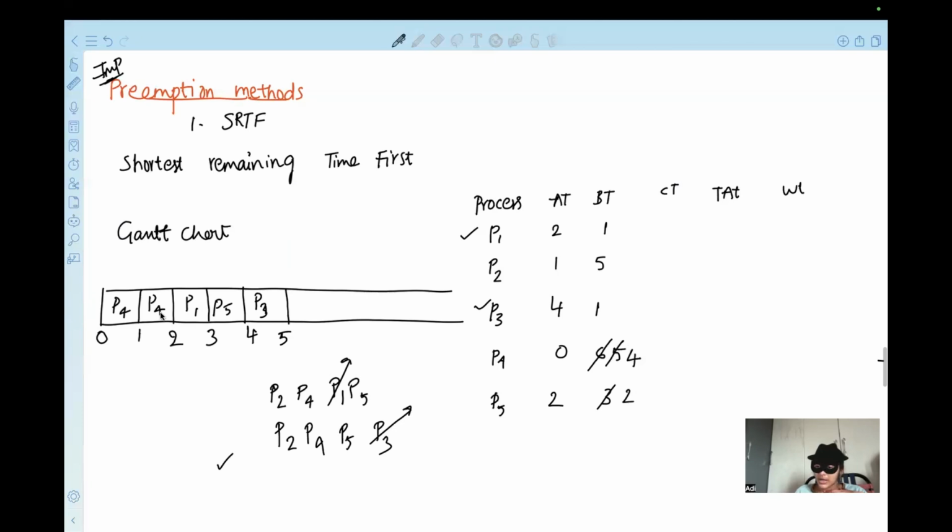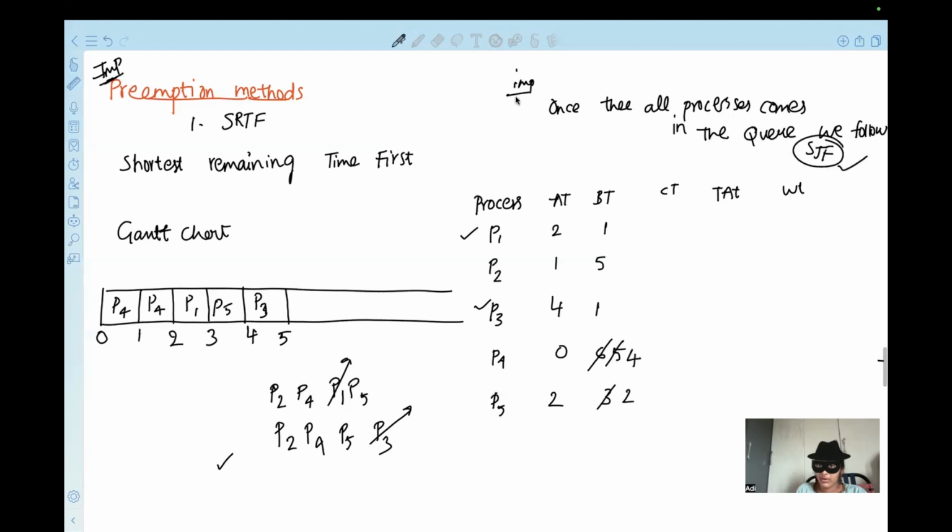In shortest remaining time first, a very important point to be remembered is that once all the processes come into the queue, we follow SJF from here.